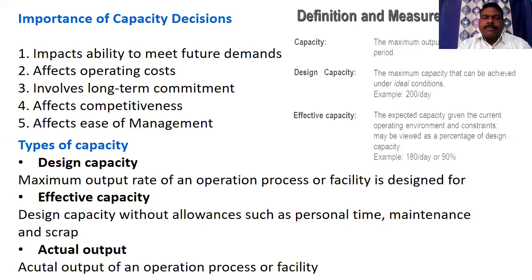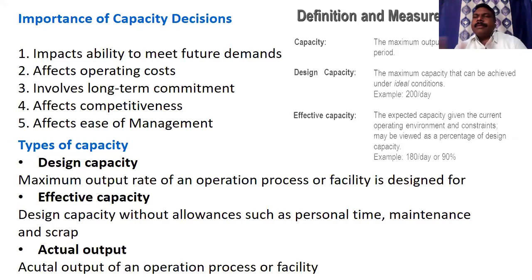So some lapse time is there. For effective capacity, the 10 ton is the capacity of the machine, and it is going to work effectively for 8 hours continuously. So that is the effect. Actual output is how much output you get when you run the system. There will be a design capacity, and there will be an effective capacity.